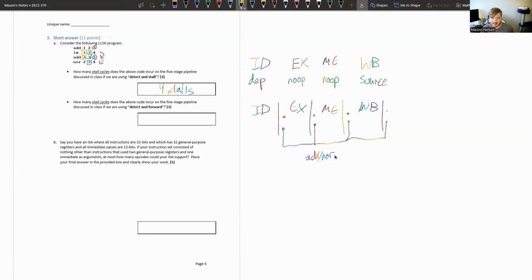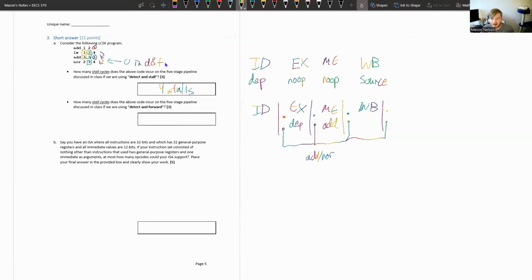We can take the add or NOR's value when it's in the mem stage, just past the execute stage. So if our dependent instruction is in the execute stage, we don't need to insert anything between them because there are no stages between them. So this add to NOR dependency will have 0 stalls in detect and forward.